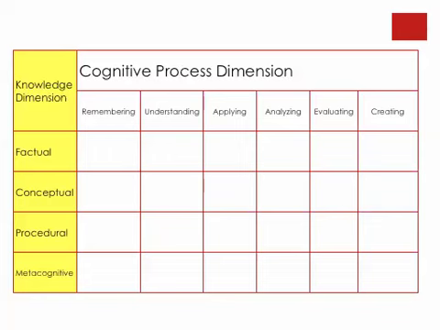Perhaps the most innovative feature of the new taxonomy is the development of knowledge dimensions. And these were very carefully selected after a great deal of consideration of possible knowledge dimensions. If you want to read more about that, find the expanded version of the taxonomy, and you can read about the history of this in great detail.